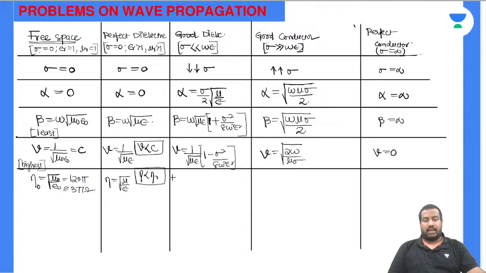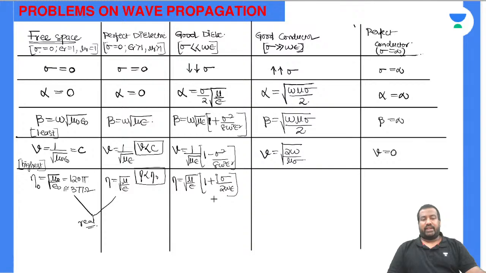Then eta is under root of mu by epsilon into 1 plus j times sigma by 2 omega epsilon. Here you can see eta value was real because there is no conductivity.